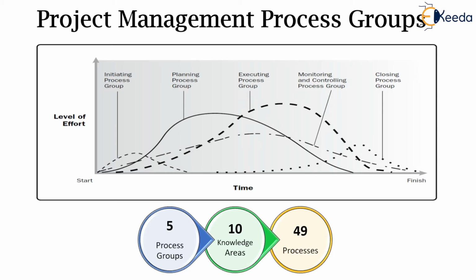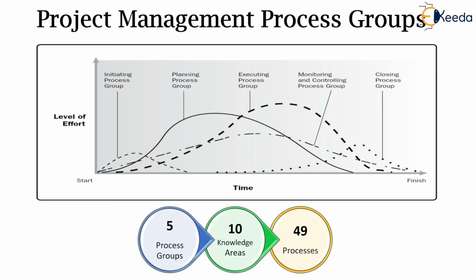Thus, these five process groups constantly interact with the 10 knowledge areas as discussed earlier to give 49 sub-processes, which have their own inputs, required tools and techniques, and give certain outputs.